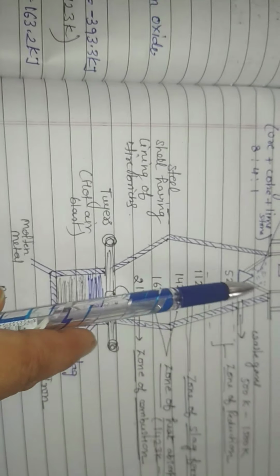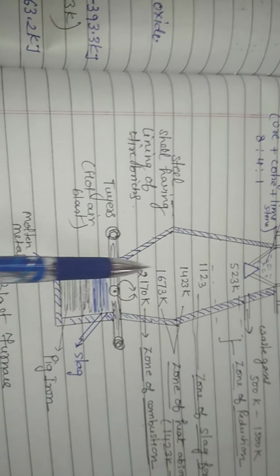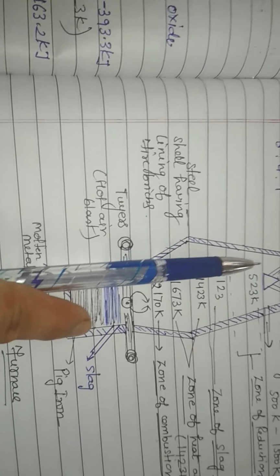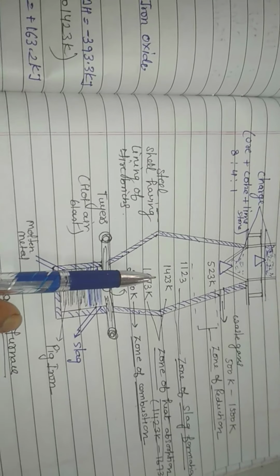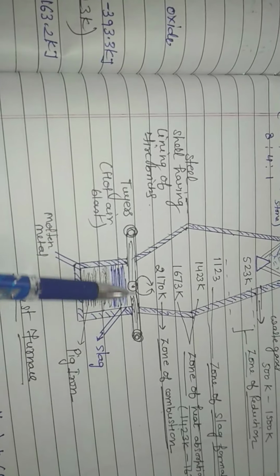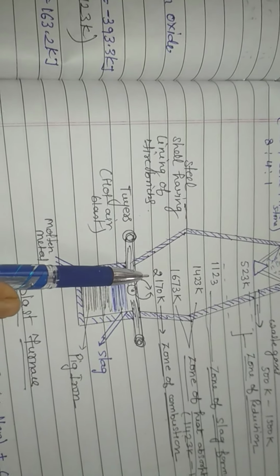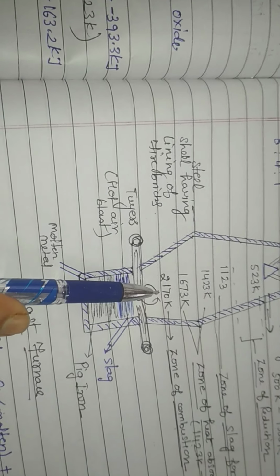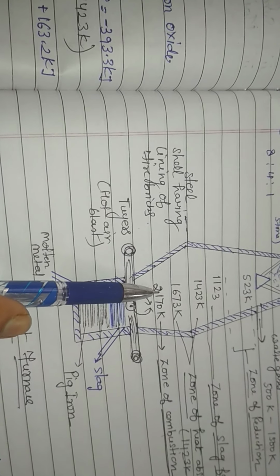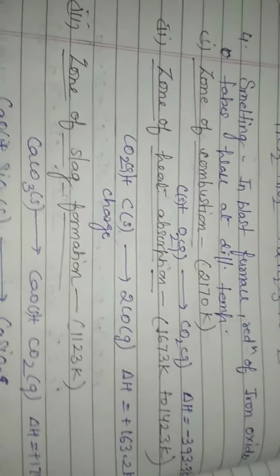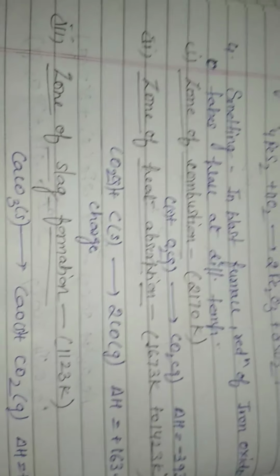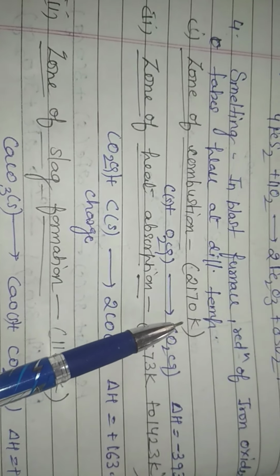Now as we are able to see here, we have different temperature zones. Let's see how they have been created in the blast furnace. The first zone in which we are able to see 2170 Kelvin is known as the zone of combustion. So the zone of combustion has a temperature of 2170 Kelvin.